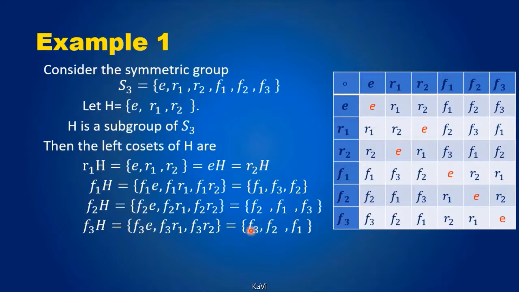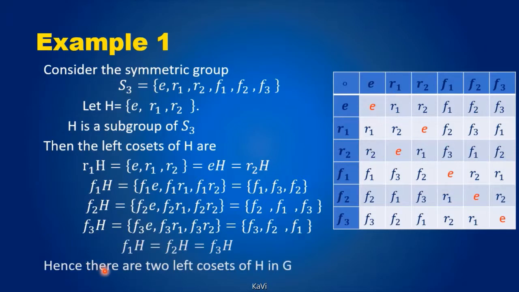The order may be changed, but these sets are equal, that is, they are identical. You may note that each of these sets has an equal number of elements. That is, the number of elements H has will be the number of elements in any left coset of H.